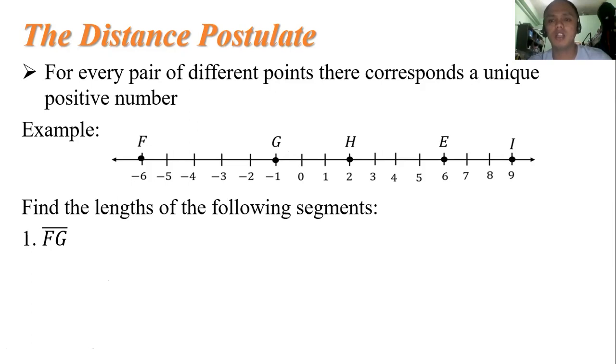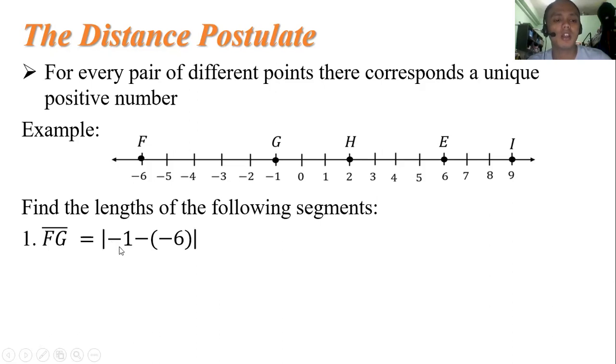Okay, how can we find the length of segment FG since nasa distance postulate tayo? So what we are going to do here is to find the distance from point F to point G, here in the number line. Now, to find it, we will use the absolute value. Unahin natin si G, negative 1, then minus negative 6.